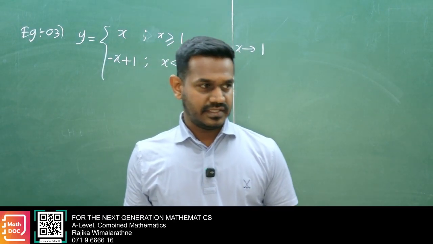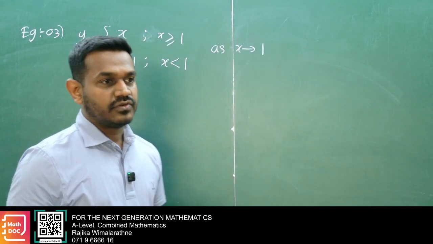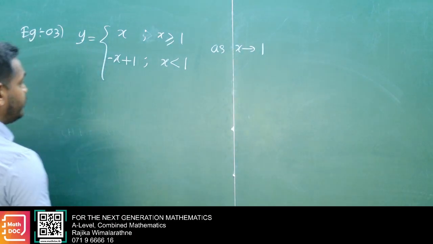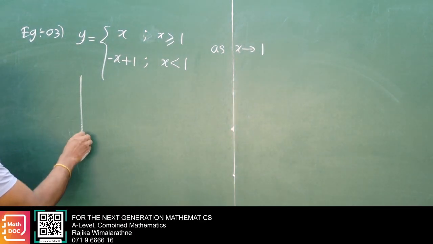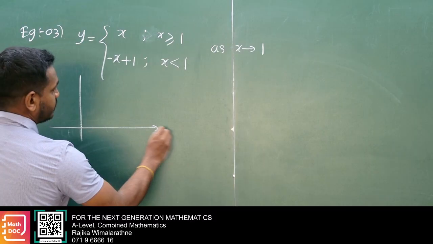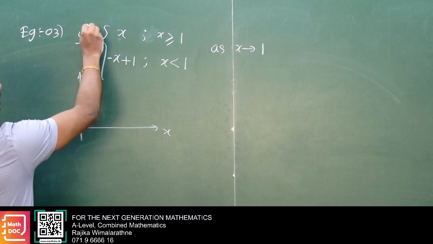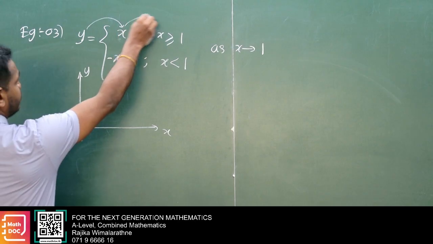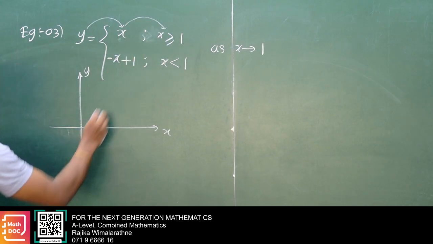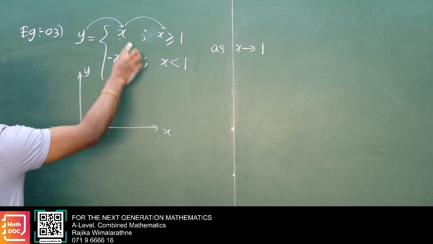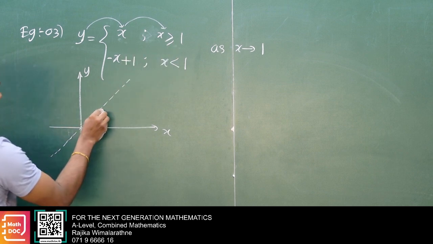When sketching a piecewise function, it's not an advanced thing. You sketch each function for different regions. That's it. Here y equals x, sketch only for this region. Then you need to sketch the y equals x graph for x greater than or equal to 1.